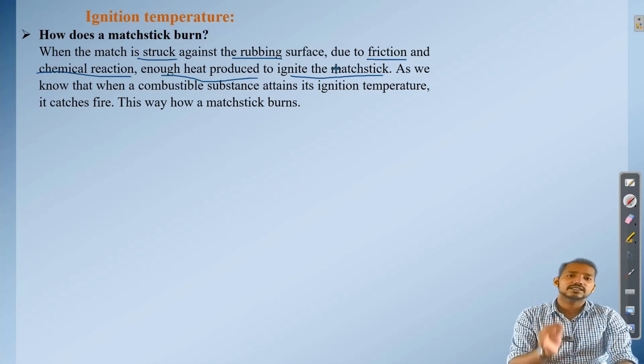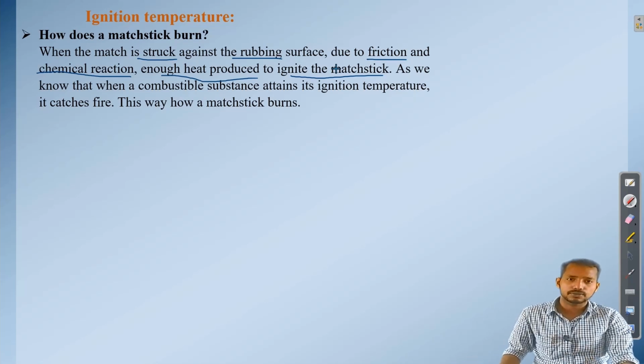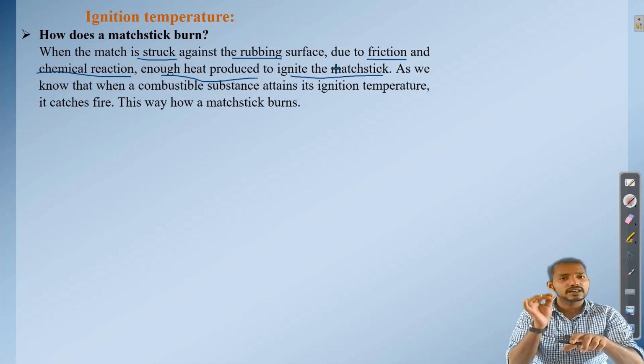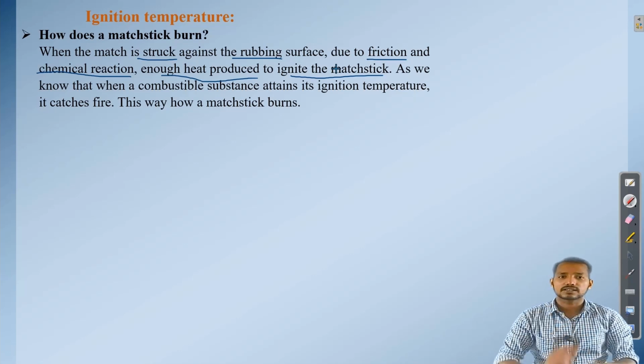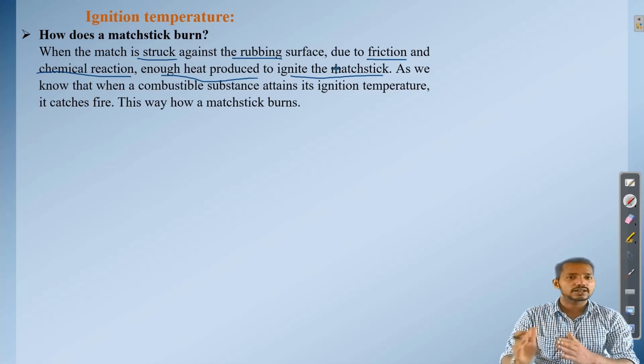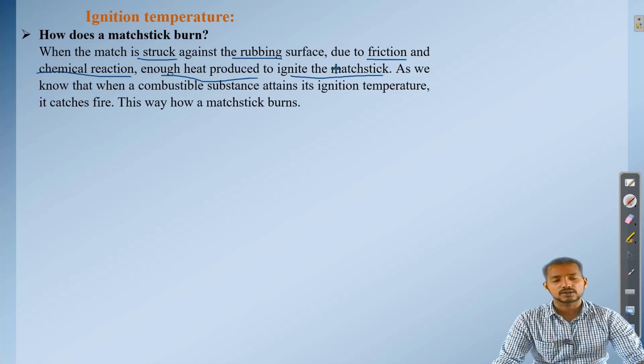We know that friction produces heat. To understand that, just take a scale or pen and rub it against this table or any rough surface, and after rubbing 5 or 10 times, keep that scale or pen on your body, and you can feel hotness or warmth, because due to the rubbing there was friction, and as a result of friction some heat was produced. The same way here also.